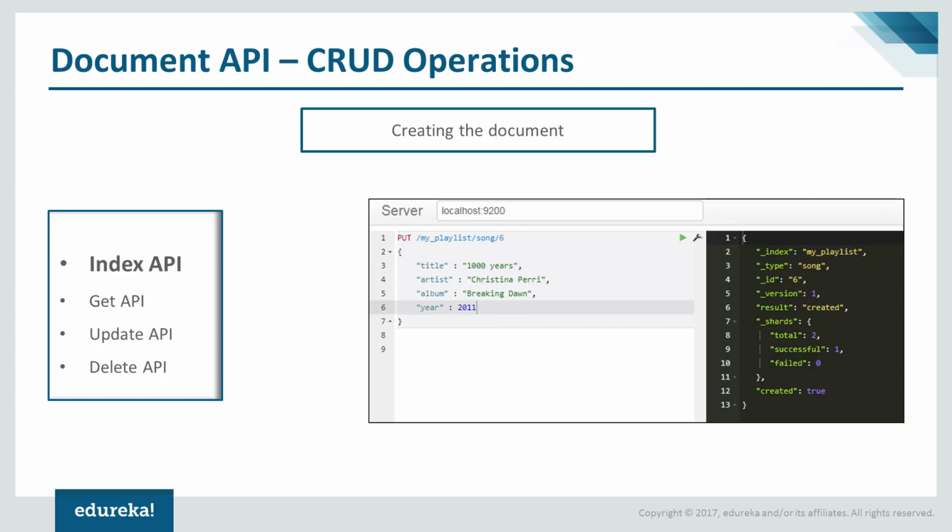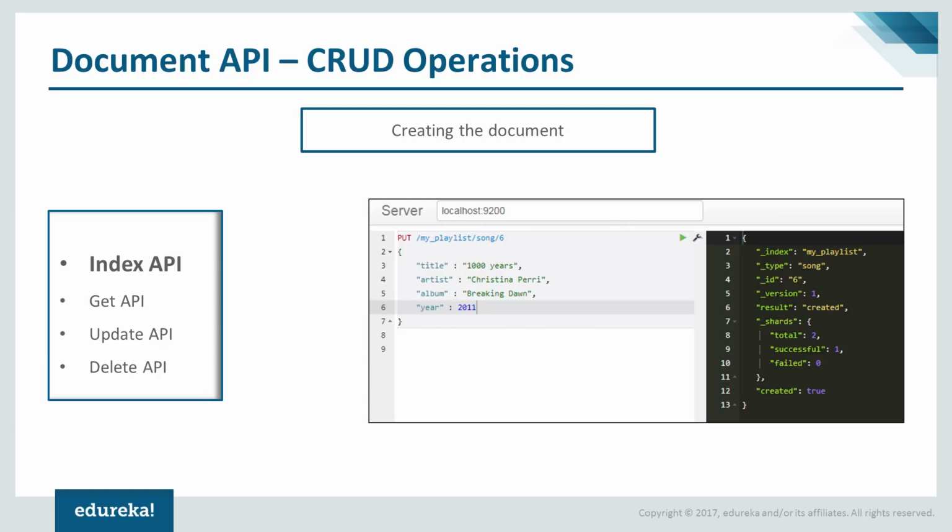We will be using the index API for creating a document. If you see this query, these are some of the keywords which we use in making REST API calls: get, put, post, delete. Here, put is the method which is used. Slash playlist is the name of the index, song is the name of the document type, and 6 is the ID.